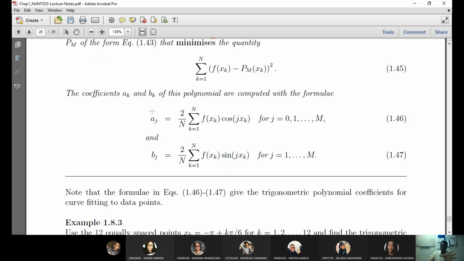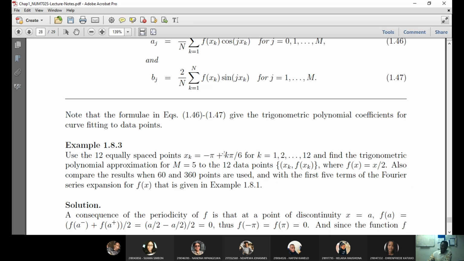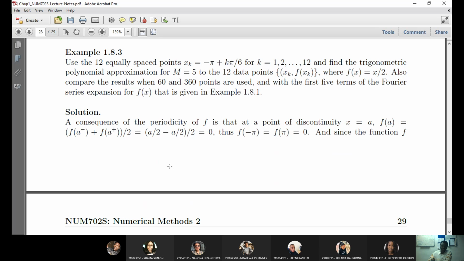Don't get confused when it comes to this. This is just a discrete Fourier series. Instead of taking an infinite series, you truncate the series. You obtain a partial sum, which gives rise to a discrete Fourier series. And you can see that we use the knowledge of Fourier series that we know. Is that clear?